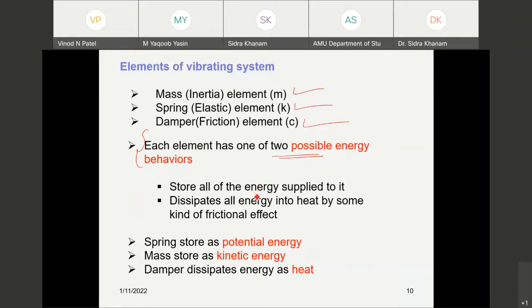Either they store the energy supplied to them, or they dissipate the energy in the form of heat, like a damper. The spring normally stores potential energy, the mass stores kinetic energy, while the damper dissipates energy in the form of heat, like friction, which resists the motion and produces heat.